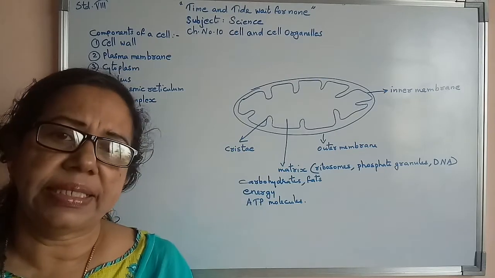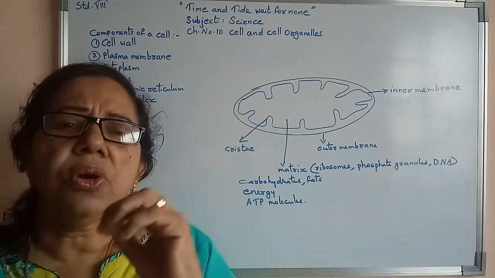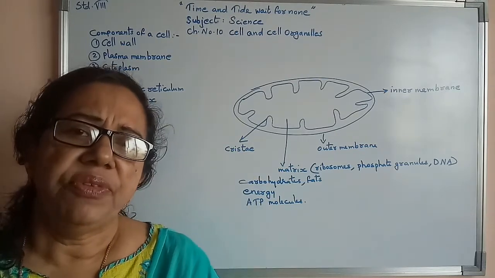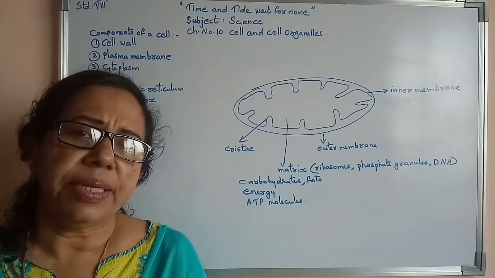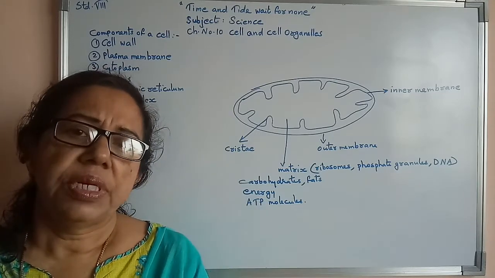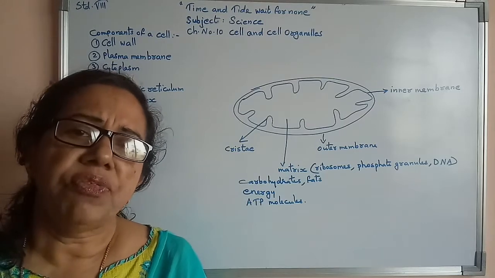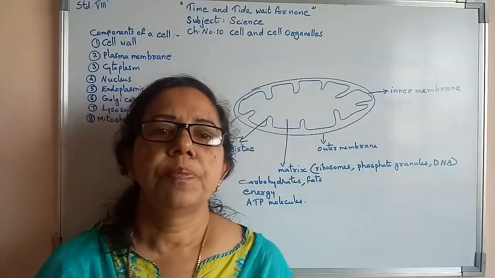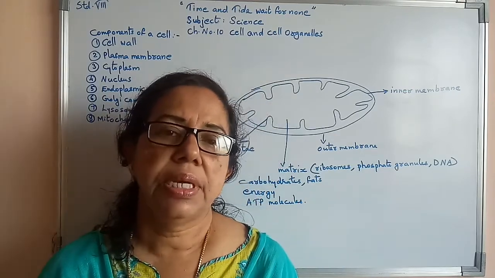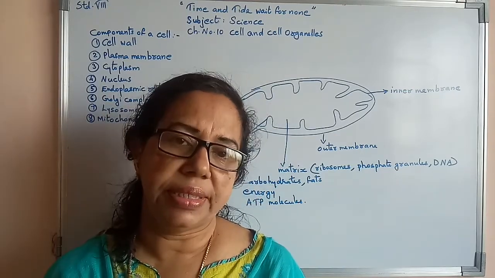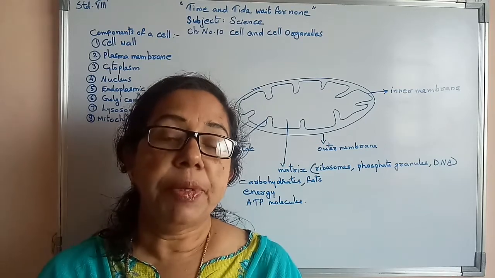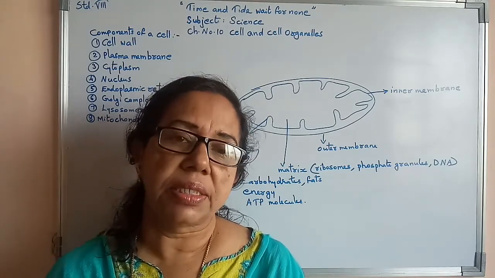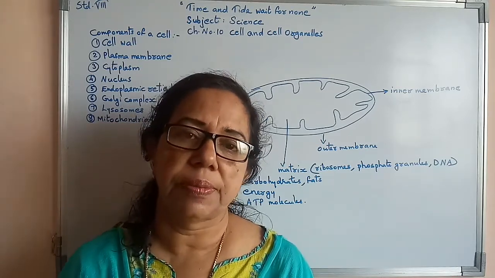In plant cells, mitochondria are very few, but in animal cells, the number of mitochondria is more. Mitochondria produces ATP molecules in the cell. ATP molecules are energy rich compounds.